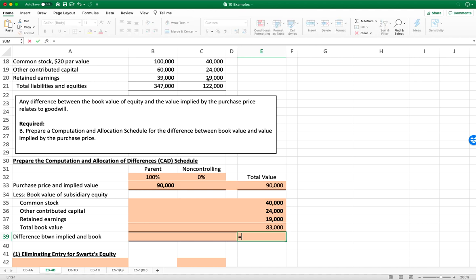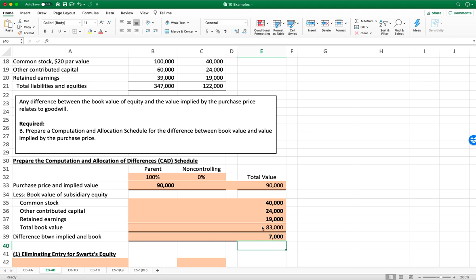Now we're going to compare that between the fair value of the entity as a whole, or the implied value, minus that book value, and that gives us a difference between implied and book of $7,000. Now, once we get to this point, there's two reasons that we might be willing to pay more than the book value for this company. It could be because we believe that the assets and liabilities of the company are worth more than their book value.